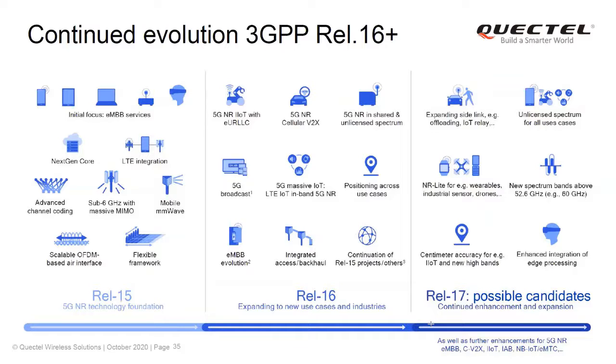Here in the middle we have 5G massive IoT, which includes current LTE IoT and in-band 5G new radio. In the future, for release 17, there is continued enhancement and expansion for 5G only services.